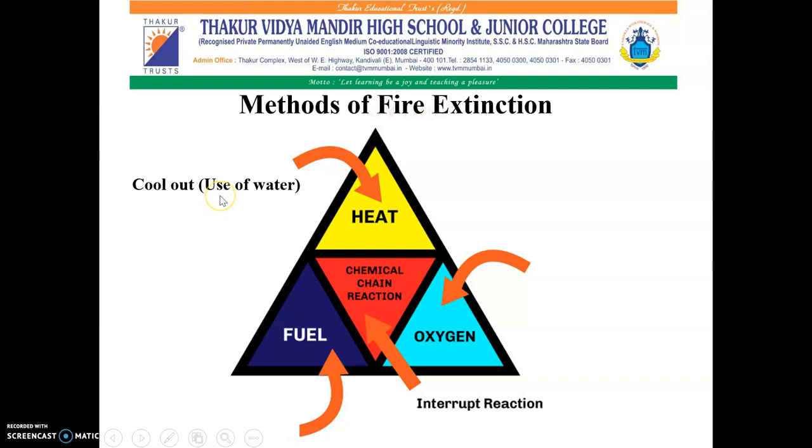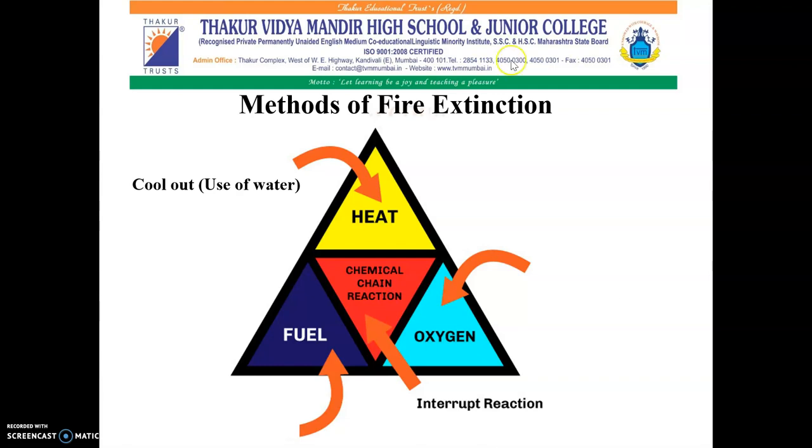Now, to extinguish the fire, water is the most common and effective solution which is easily available everywhere. If you supply water on the fire or around the fire, it creates a cooling effect and helps to control the fire. But in all the cases, we cannot use water to control fire.